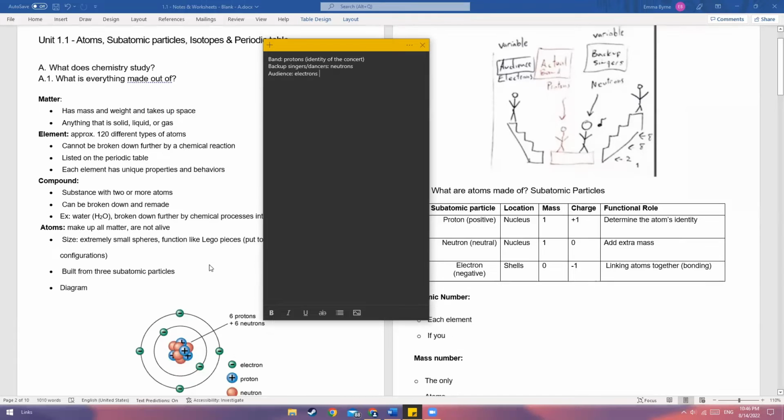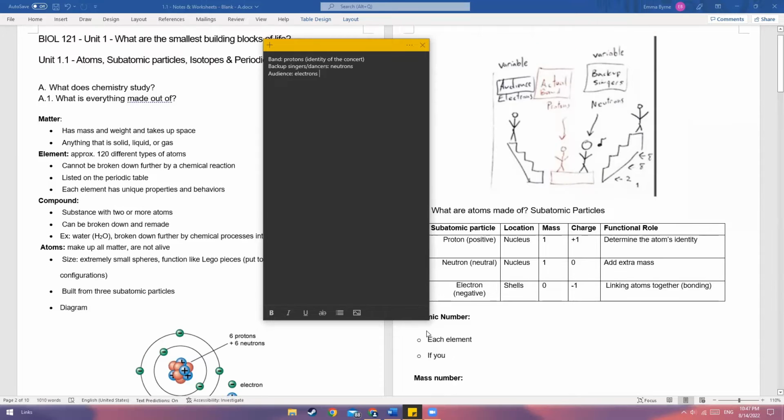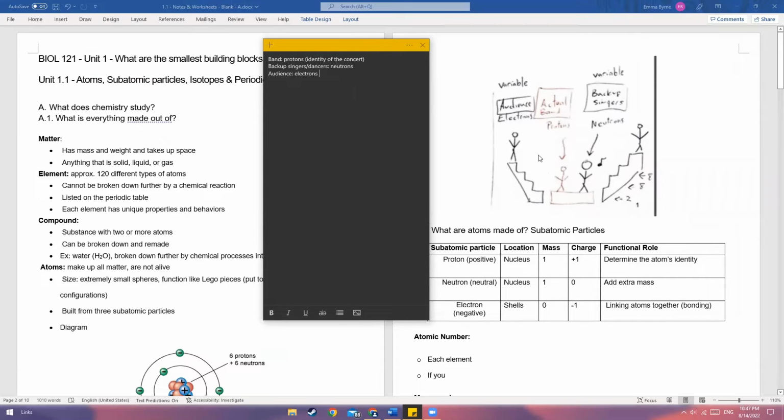So two people can sit in the front row, but maybe additional people could sit in the second, third, and fourth row. Up to 8, actually. Up to 8 electrons can be held there. So this is all kind of similar to a concert in a sense. And if you have any questions about this analogy, please feel free to let me know. But I think this is a good way to let it stick.